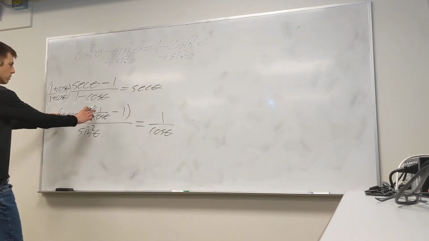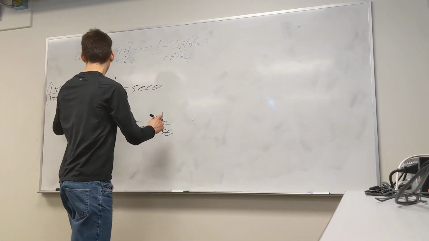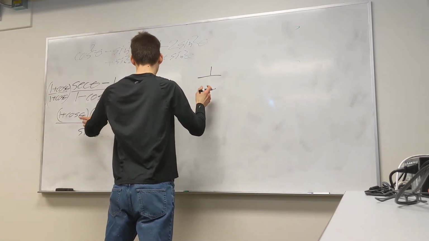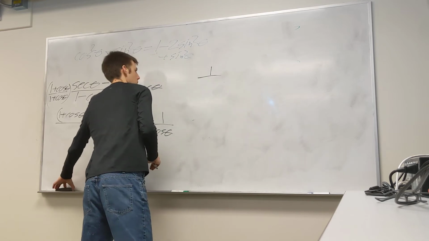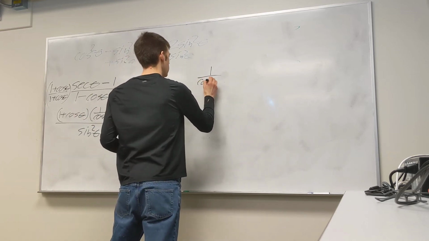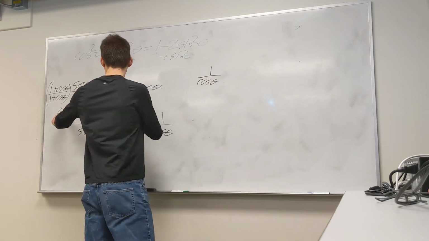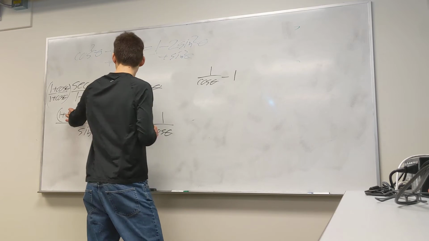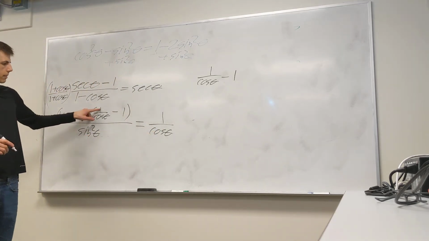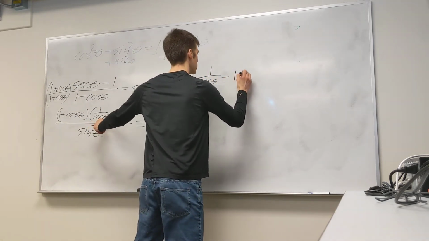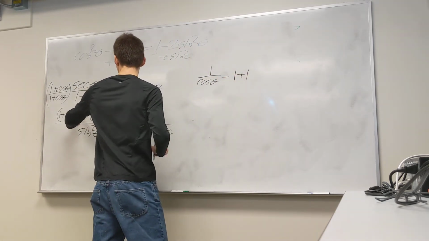We have 1, and on the left I'm going to get 1 over cosine theta, which maybe we should just leave as secant theta. Well, okay, 1 over cosine theta minus 1 times cosine times 1 over cosine is 1. So minus 1 plus 1, and then minus cosine theta.